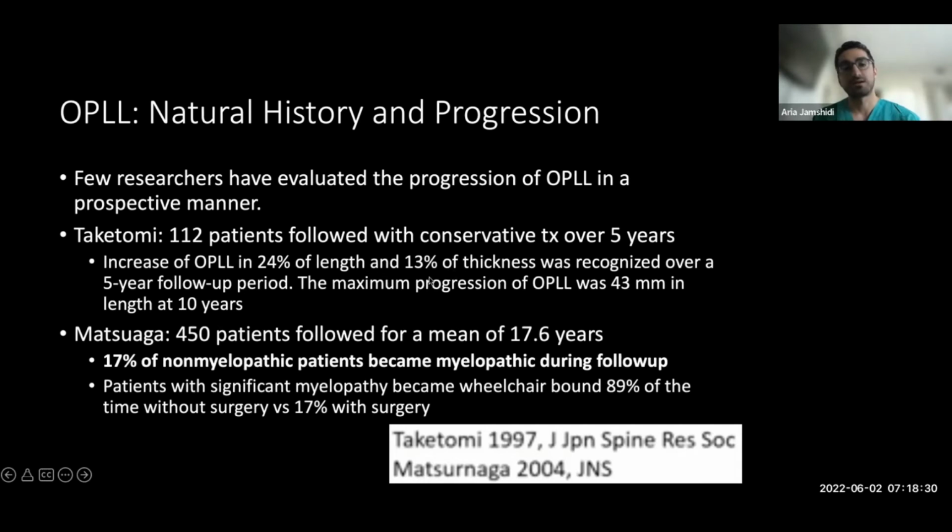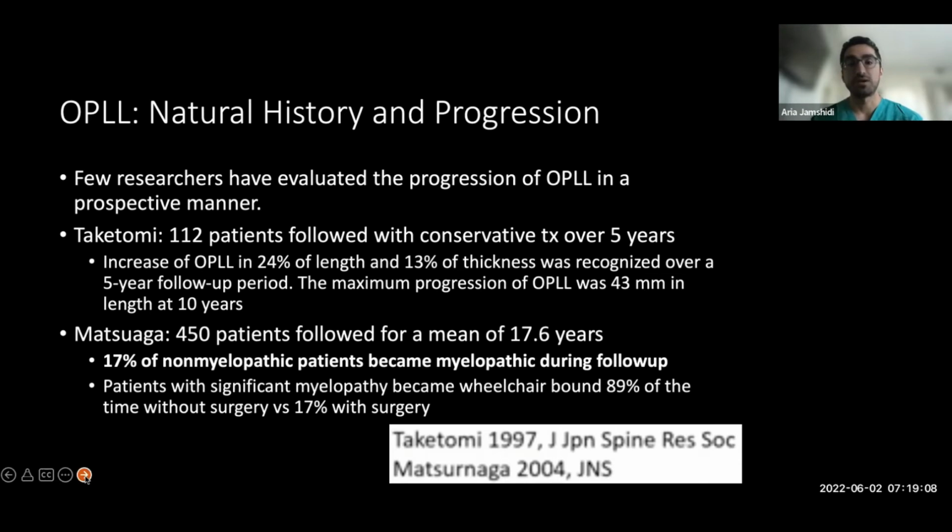But it's important to weigh those numbers clinically in a patient and see how that actually impacts their myelopathic symptoms. So Matsuga looked at 450 patients over 17 years, and he found that 17% of patients who were non-myelopathic, so largely asymptomatic, actually became myelopathic during follow-up. And patients with significant myelopathy initially became wheelchair-bound almost 90% of the time without surgery, which is quite significant, versus 17% with surgery.